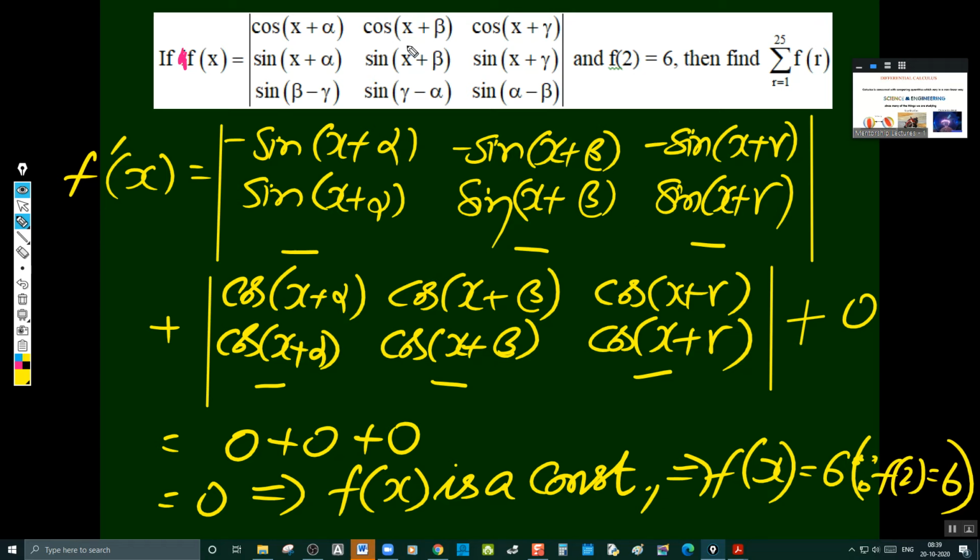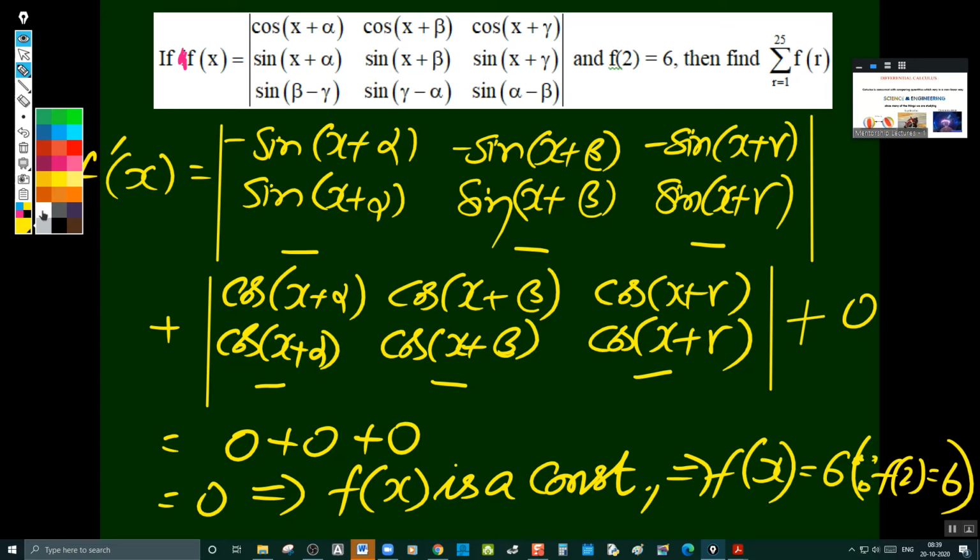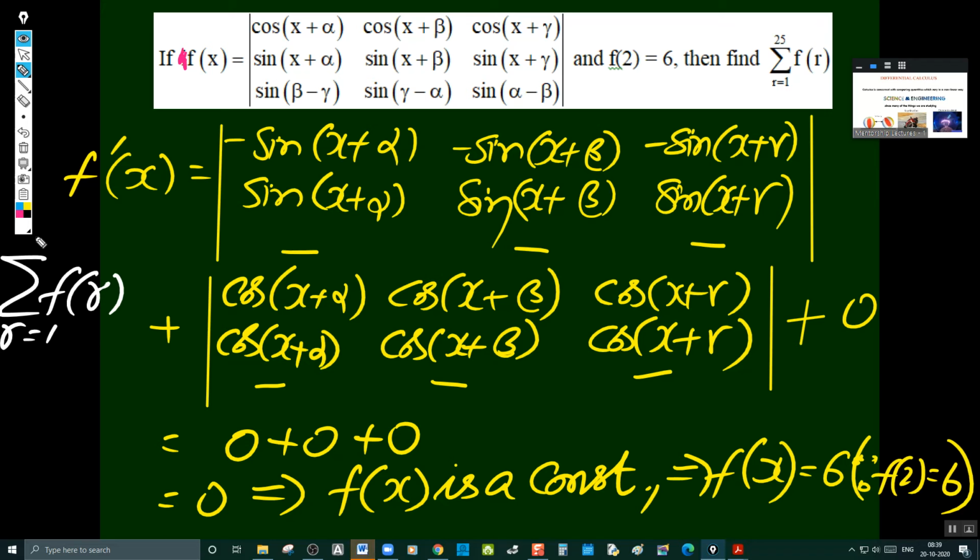Now what is to be found out? You have to find sigma f of r, where r runs from 1 to 25.